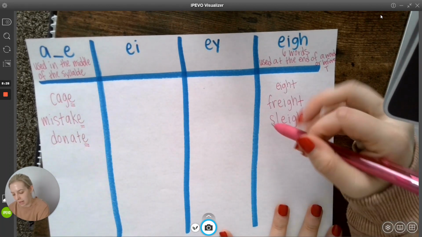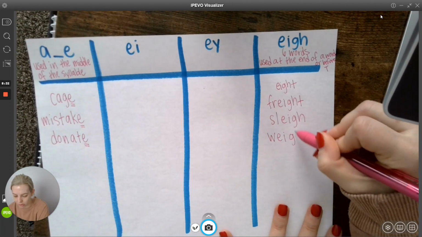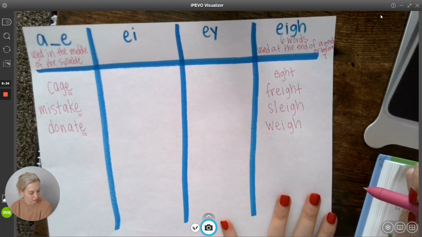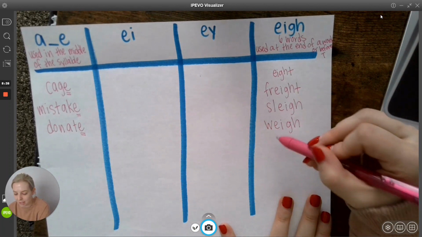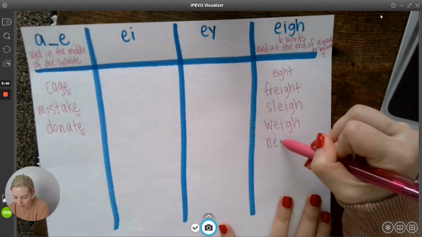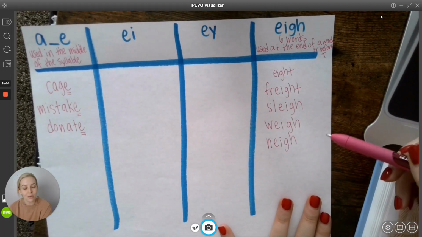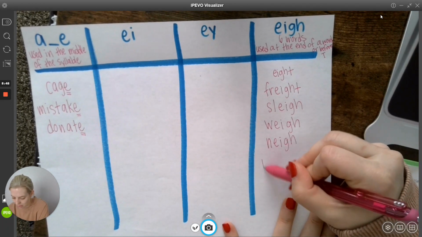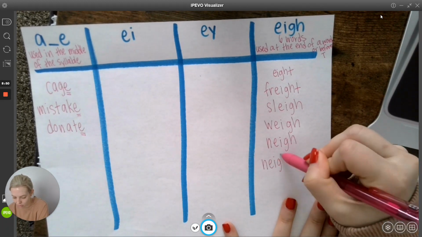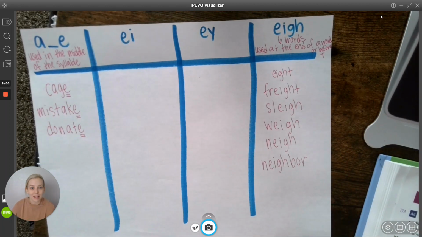And weigh, please weigh the apples before you buy them. And neigh, like the sound a horse makes. Neigh. And close to neigh, we have neighbor. Like my next door neighbor brought me cookies. That would be nice.